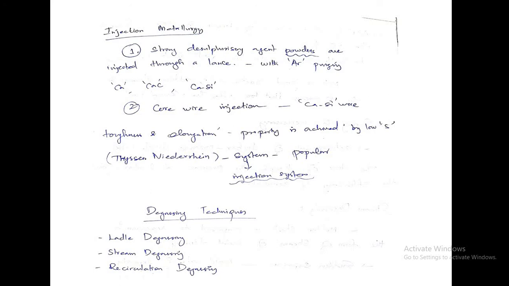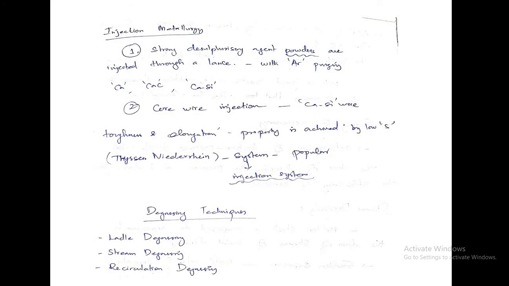For removing sulfur, calcium silicon wires, calcium carbide powders and calcium powders are added. And these calcium silicon wires generally help in the removal of some inclusions also, like alumina, right? So this calcium wire gives toughness and elongation. The property is achieved by lowering the value of sulfur, right?